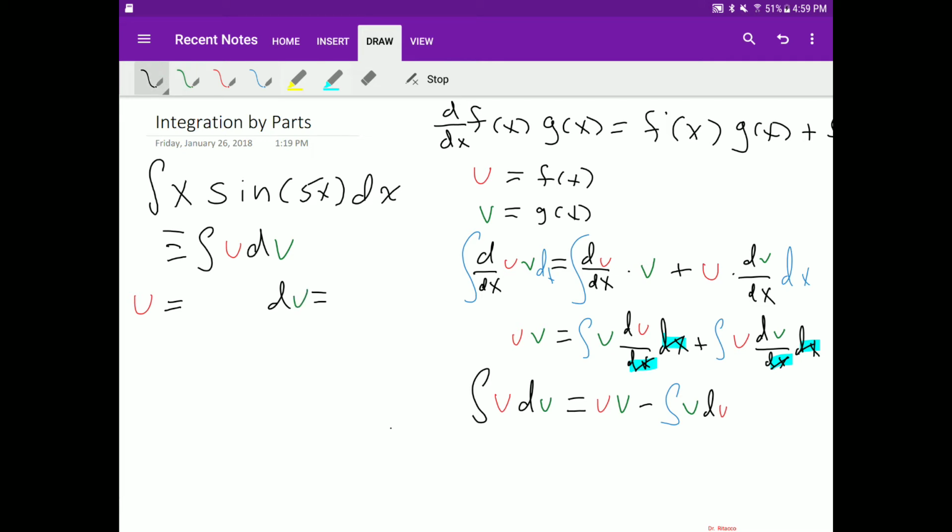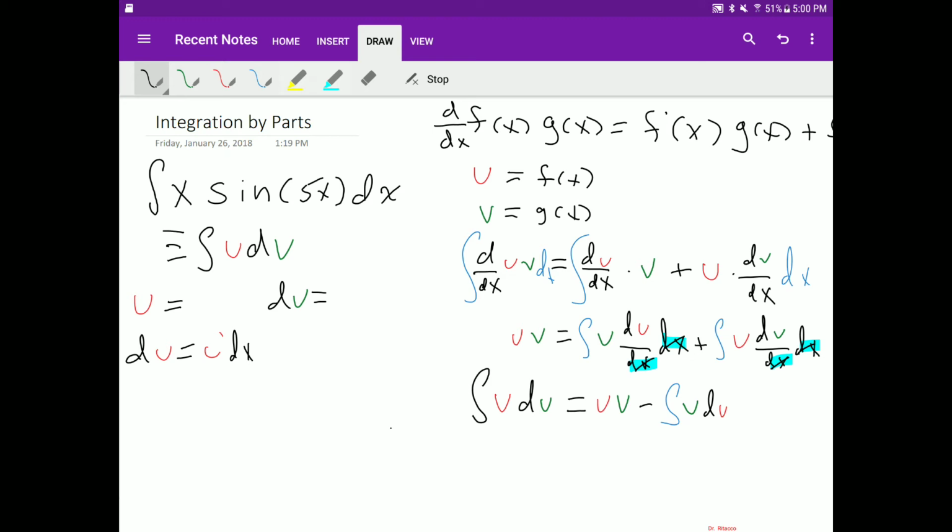If we look at what is happening, what is u? In our problem, we have a u and a dv. Those are known. So the unknowns are v and du. How do we get du? Well, to get du, we need to take u prime. So du is u prime dx.